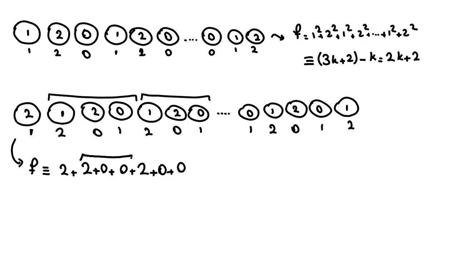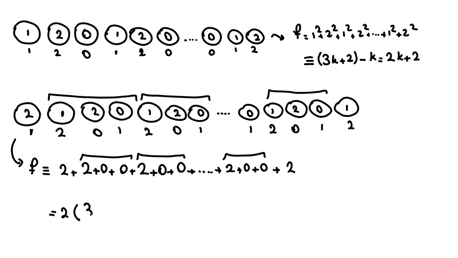Again, 2, 0, 0, plus the last part, 2. So how many 2's are there? We have 3k plus 2 numbers. You subtract by 2, 3k over 3, plus 2 other 2's here. So it will be 2 times k plus 2, which is 2k plus 4.